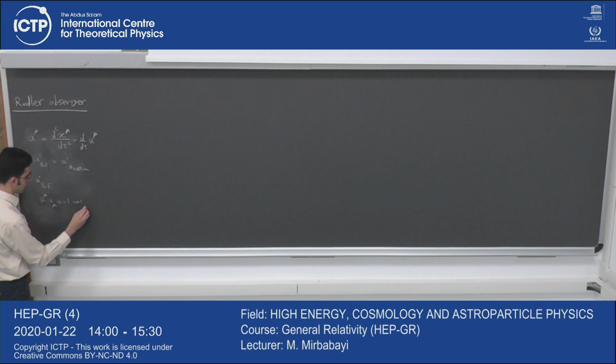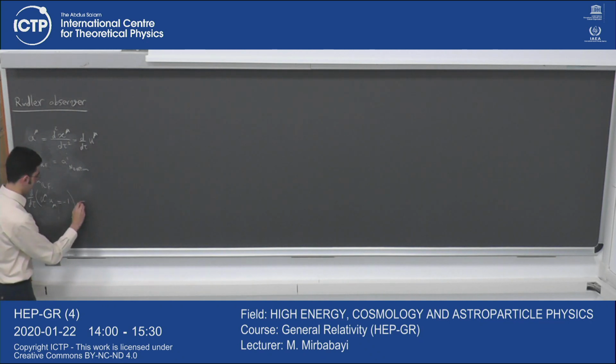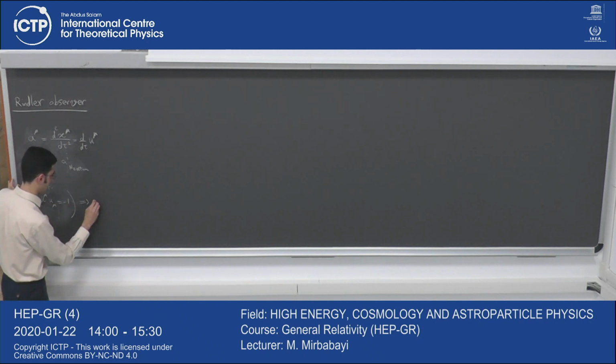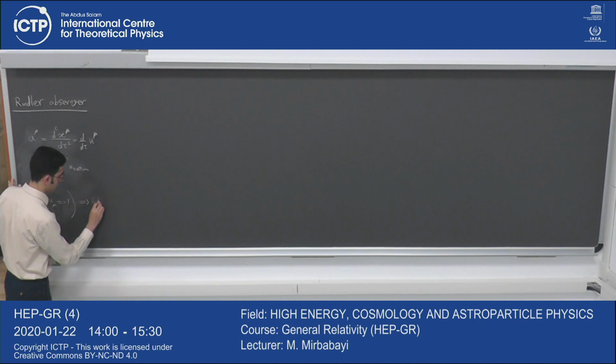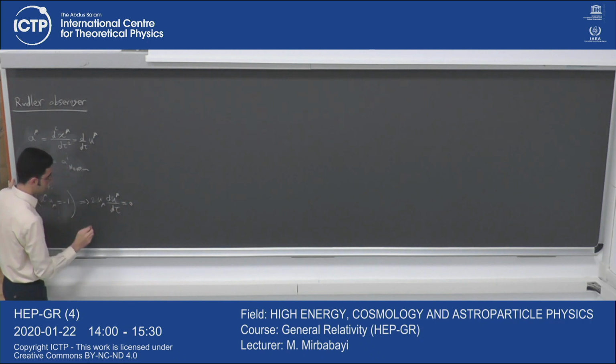So if I take the derivative of this equation with respect to tau, on the right hand side I get 0, and on the left hand side I get twice u mu d u mu by d tau equal to 0.